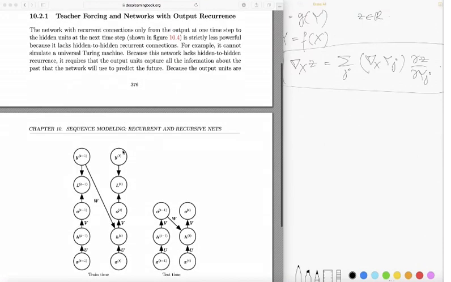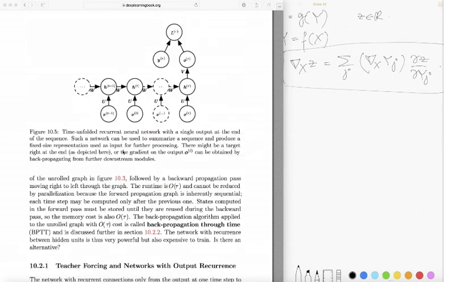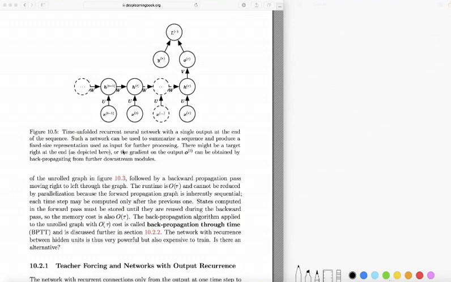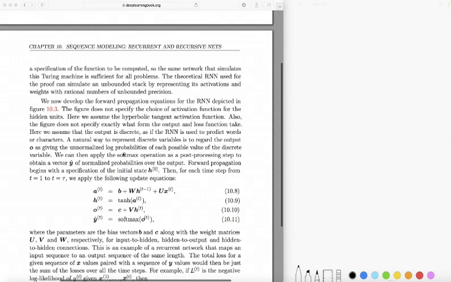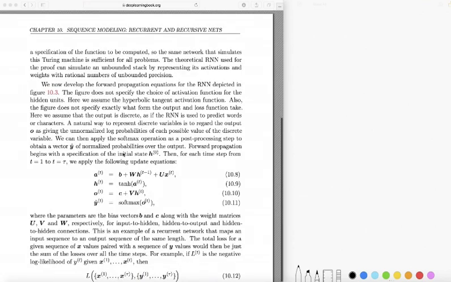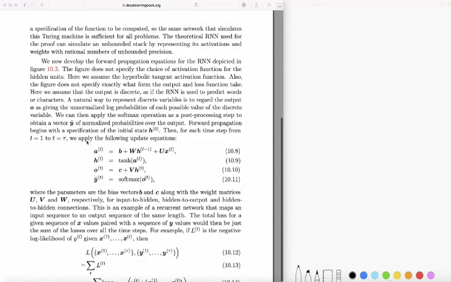So first, as I mentioned, I want to draw the variable dependence, how these variables are dependent on each other. These were the equations that we just wrote. So let's draw how these variables depend on each other. I'm going to try to make it as clean as possible. a_t depends on b, W, h_(t-1), U, and x_t.